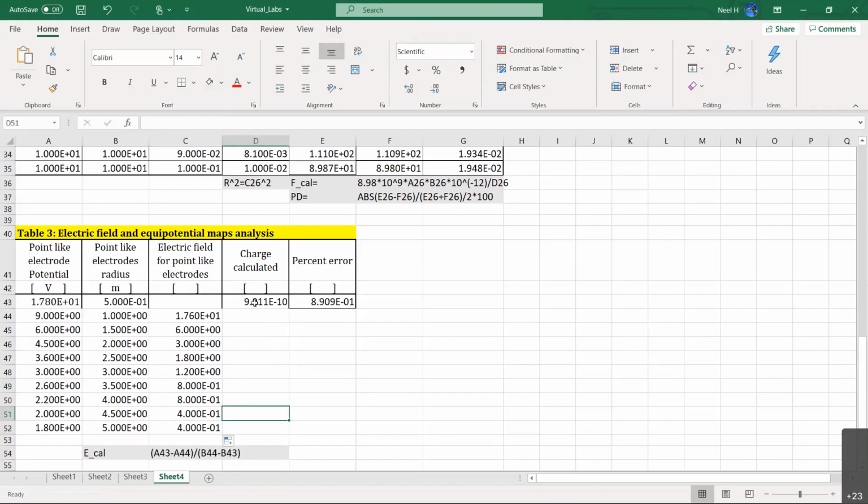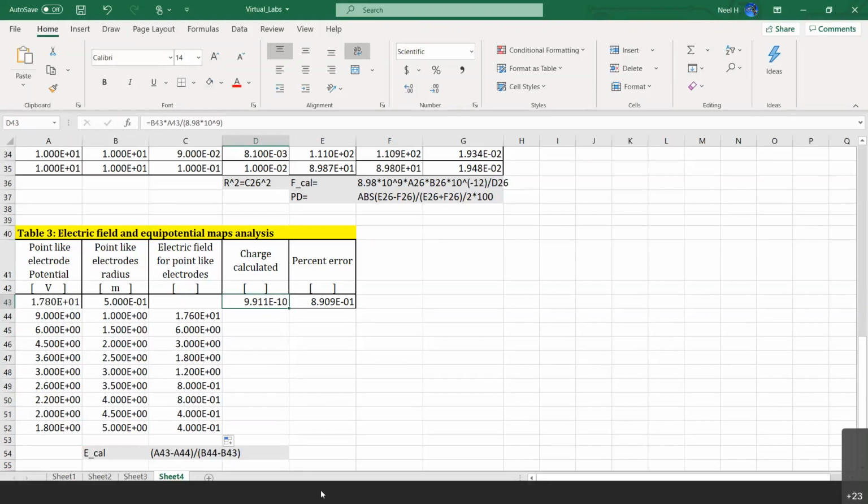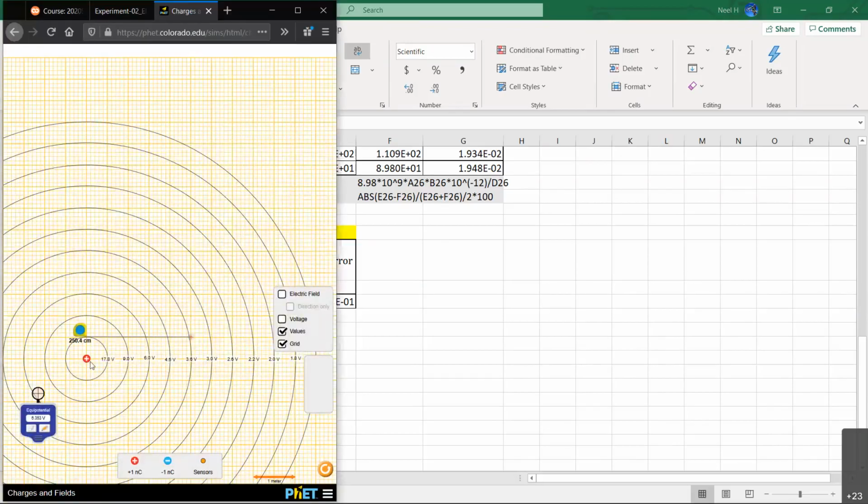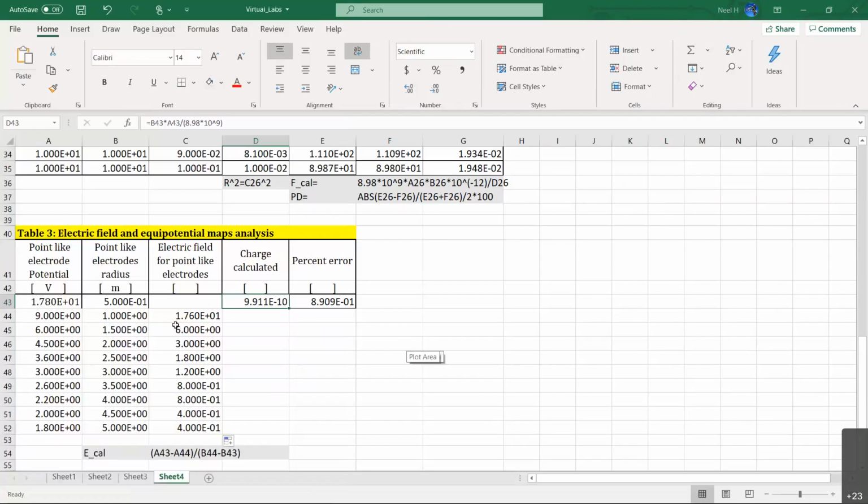All right, then let's calculate the charge. The charge we can calculate, but in the charge calculation, charge has to be recalculated by considering the equipotential value relative to the point charge already there. That means the separation we are measuring from the charge. So there are two different calculations we're doing here.